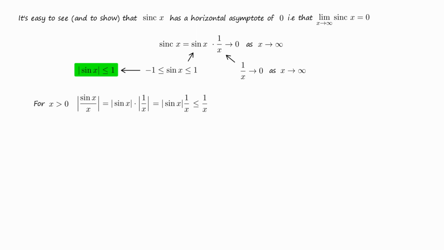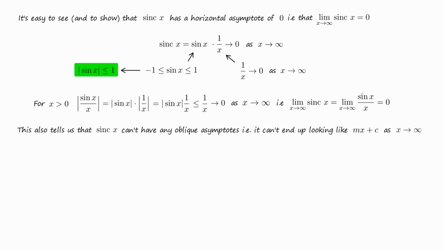And we know that 1 over x tends to 0 as x tends to infinity, and hence so does mod sin x over x for x greater than 0. In other words, the limit as x tends to infinity of sinc x, which equals the limit as x tends to infinity of sin x over x, equals 0.